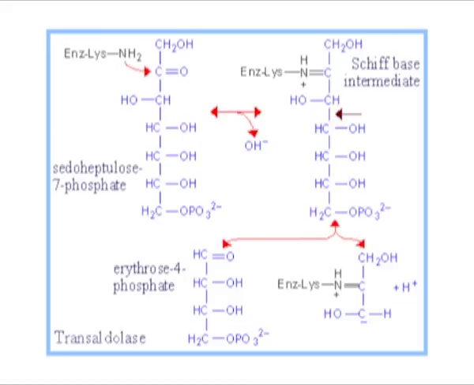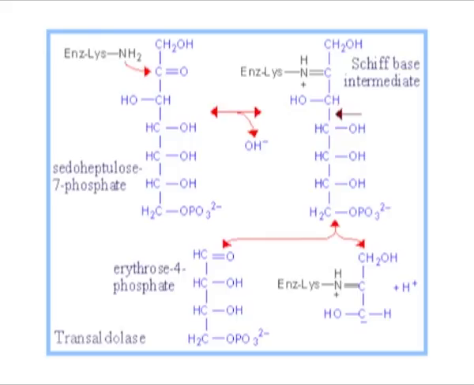The amino group of an active site lysine residue reacts with the carbonyl C of sedoheptulose 7-phosphate to form a protonated Schiff base intermediate. Aldol cleavage results in release of erythrose 4-phosphate.